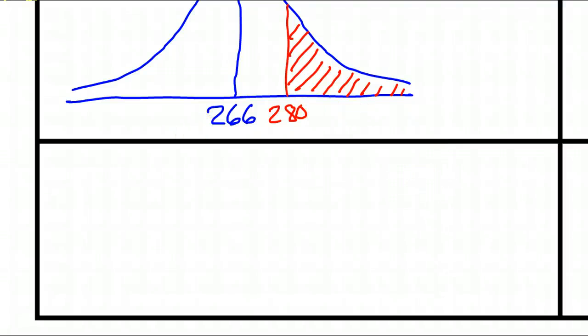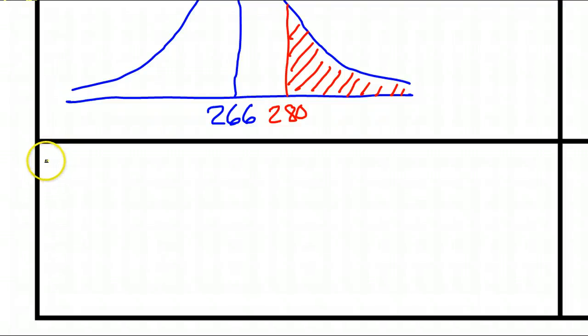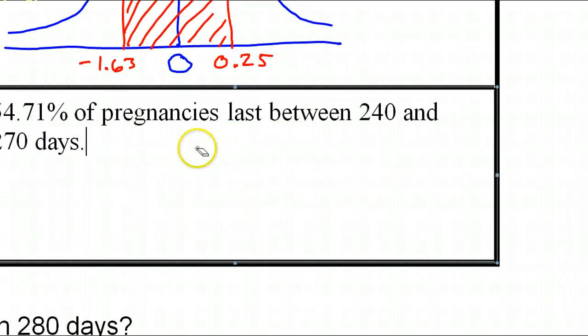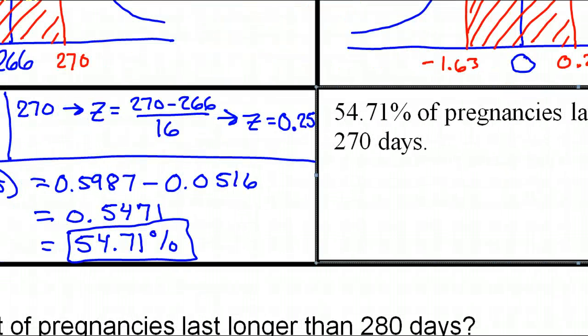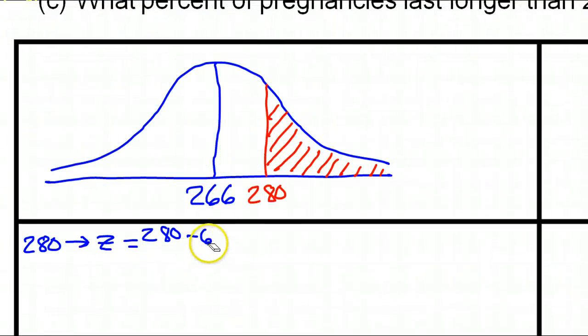Okay, time to find our z-score from 280. So our z-score will have 280 minus 266 over 16.